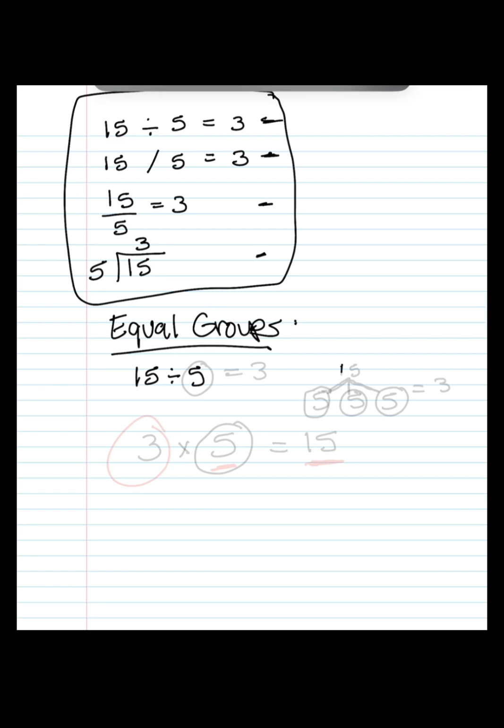So you would write your total, 15, and you know the group size is 5. So you would count by 5, 5, 10, 15, until you get to the answer 15. And then this is your answer. You have your number of groups, 1, 2, 3.